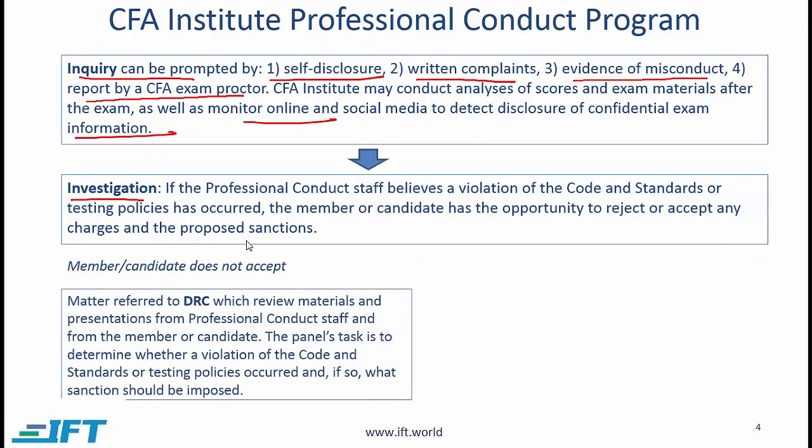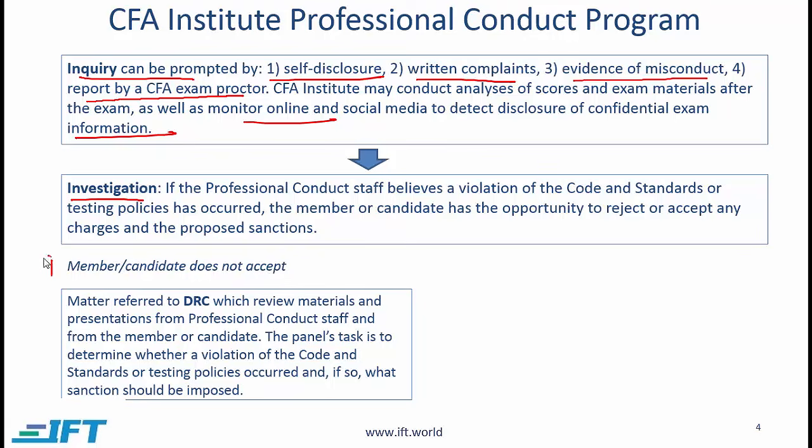So clearly there are two scenarios here. After the investigation, the professional conduct team will either say that there was a violation or that there was no violation. If there is a violation, then the member or candidate can either accept the violation and accept the sanctions, or the other scenario is that the member does not accept.